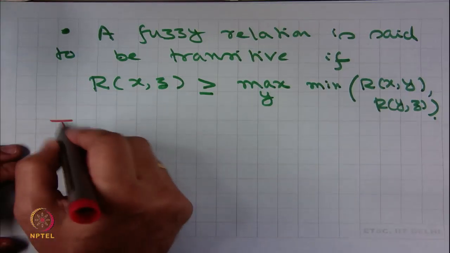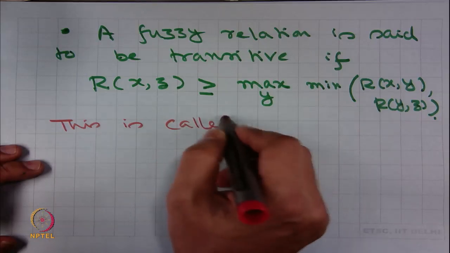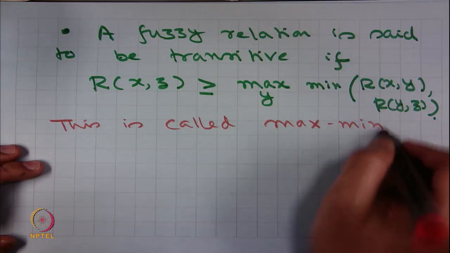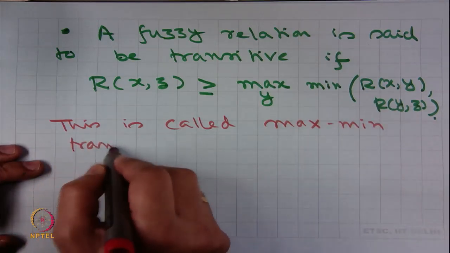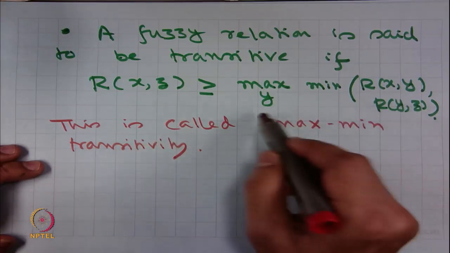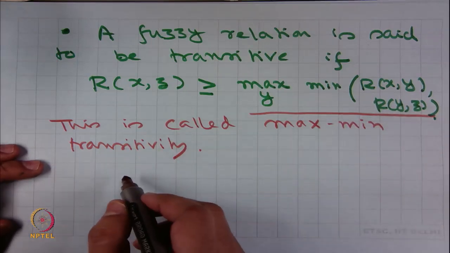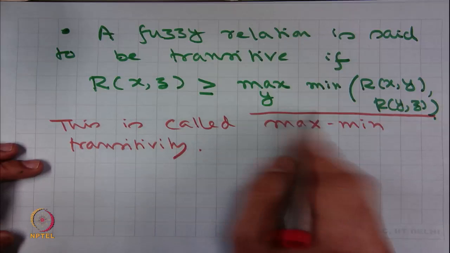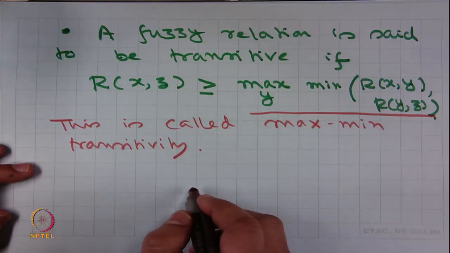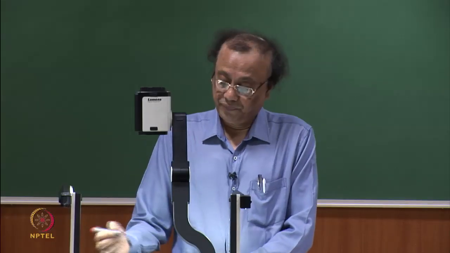So, this is called max min transitivity, because in the composition of R(x, y) and R(y, z), we are using the max min formula. Min is actually the standard intersection and max gives standard union.